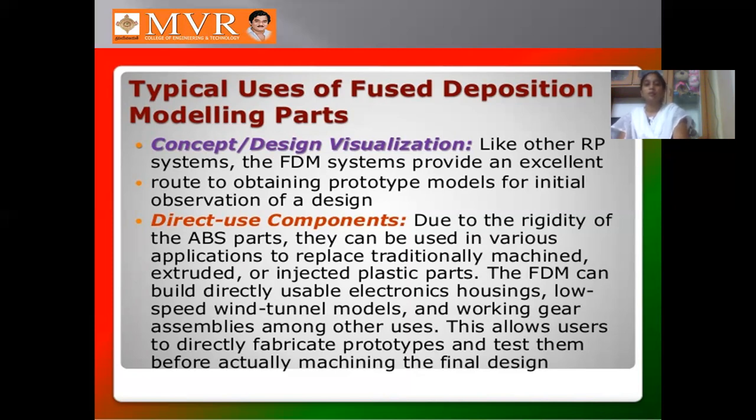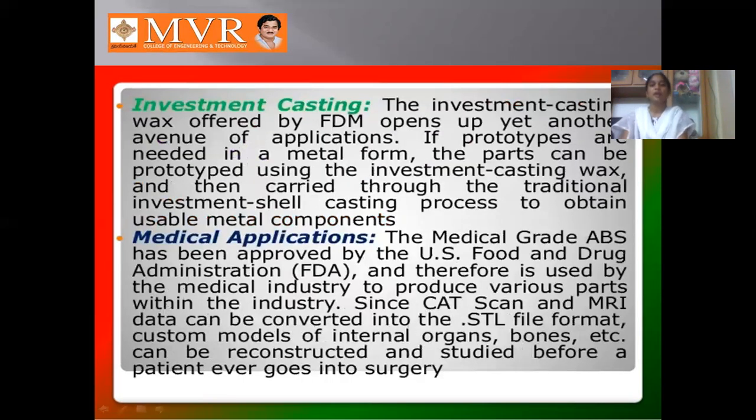And this FDM process has several composition parts due to the various tunnel systems of the material. It can also be used to fabricate prototypes and test them before actually machining the final design.